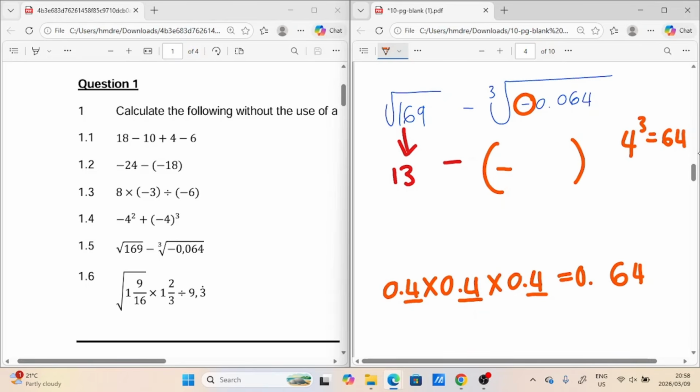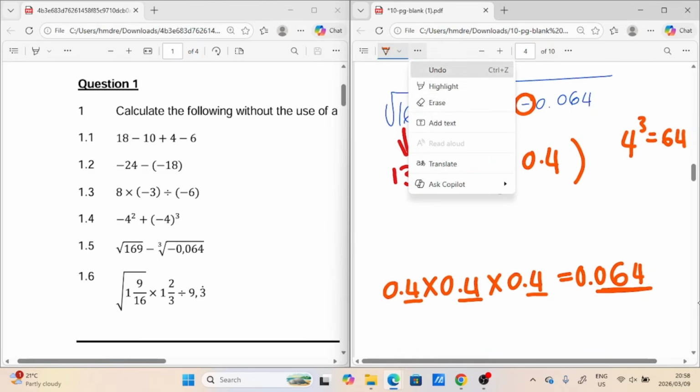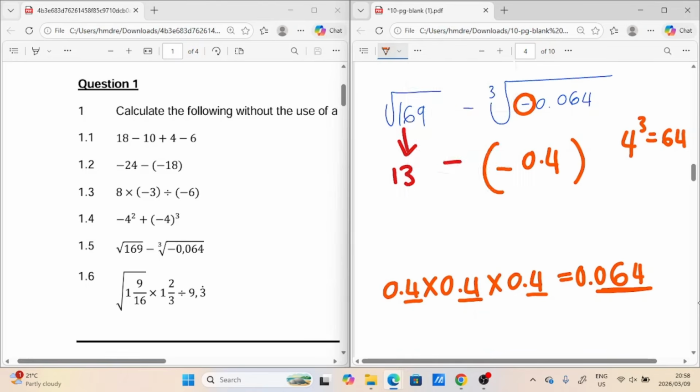So 0.064 has 3 decimal places. Okay, so that is actually what we need. So this number here is 0.4. I kind of just happened to fall on this. When I was working this out before, I was also trying maybe it's 0.004 or maybe it's 0.04.